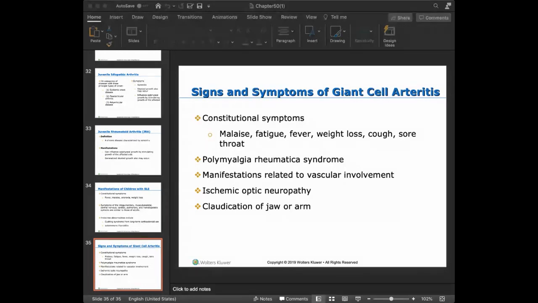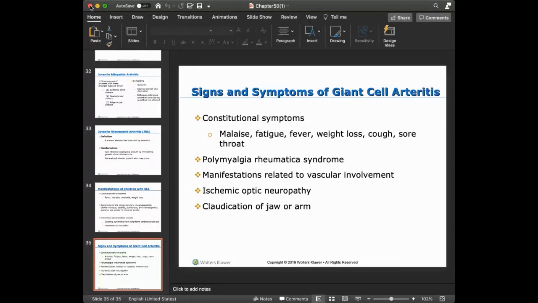So to clarify, chapter 43 is disorders of the male reproductive system. Chapter 45, disorders of the female reproductive system.